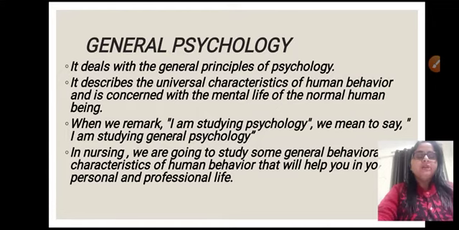The first branch of psychology is general psychology. See, general means normal. Psychology means study of behavior. So it is clear from its name that in general psychology, we are going to study the behavior of normal individuals and their general principles.